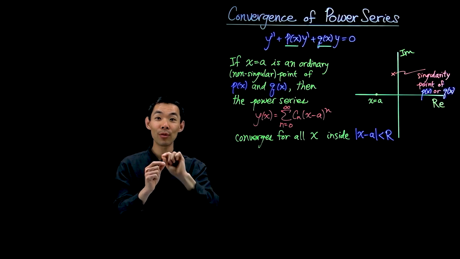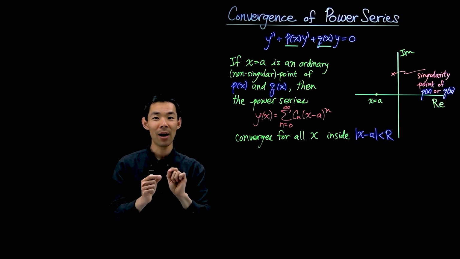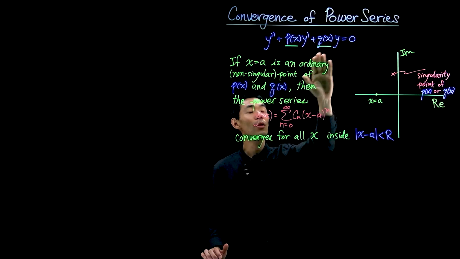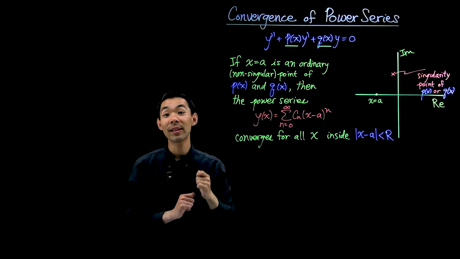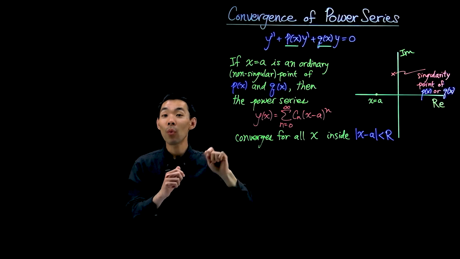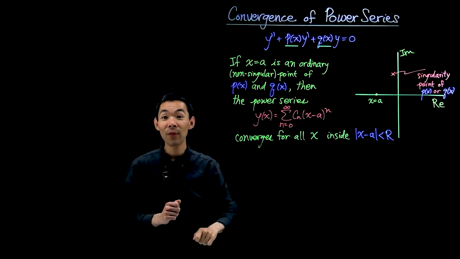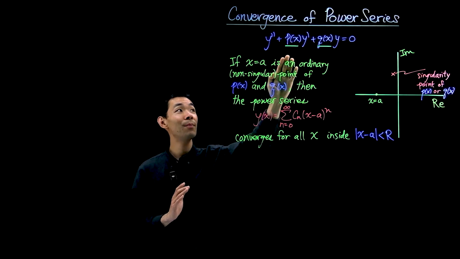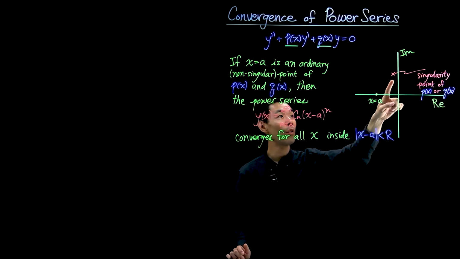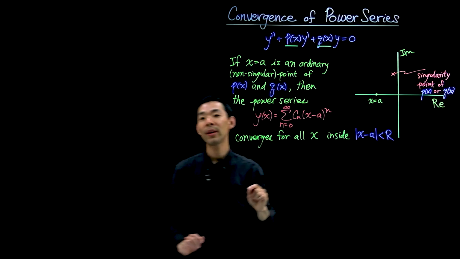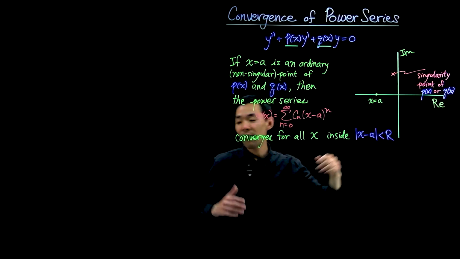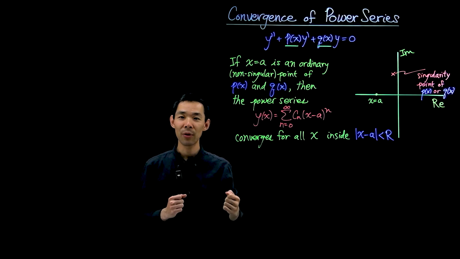Now, suppose your coefficient p and q has some singularity in it. It's a point where it diverges off to negative or positive infinity. And let's suppose a singularity of p and q happens to fall along this point right here, marked with a pink cross. So that's the singularity point of either coefficient, p or q.